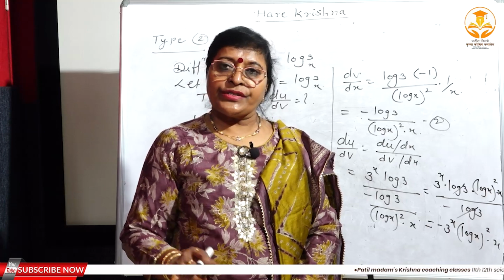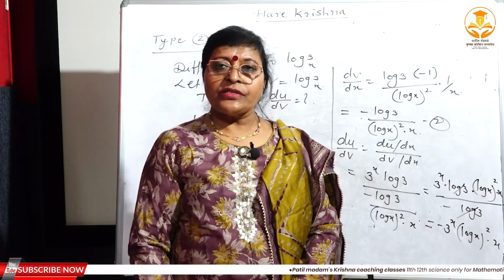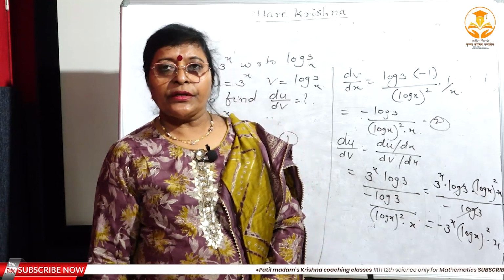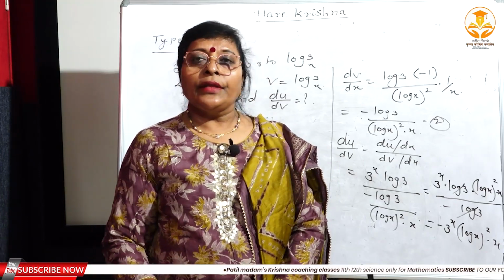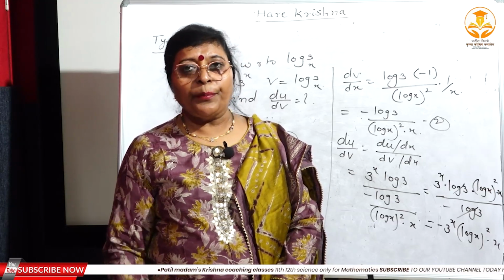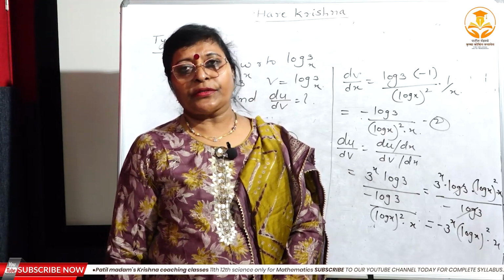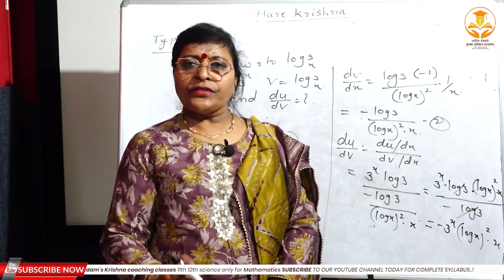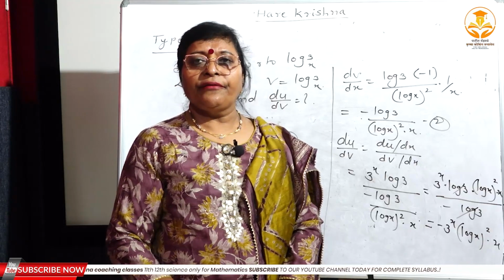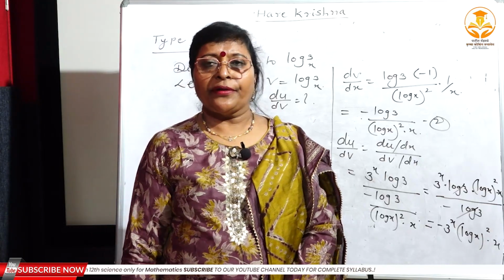We have studied the first chain rule, then the inverse trigonometric function, then the logarithmic differentiation, then the derivative of an implicit function. Now today we have studied the derivative of a parametric function. Every function is very lengthy and has a variety of problems. So here I have finished the derivative of a parametric function.